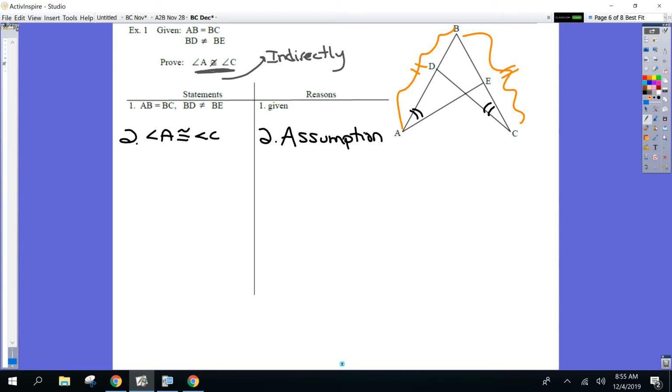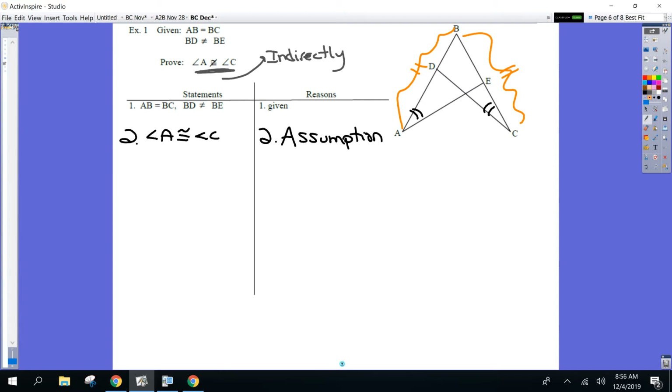Here's what I want you to do. Find a pair of triangles we can prove congruent. Find a pair of triangles that contain A and C as full angles and AB and BC as full sides. You guys have the power to do that. This is nothing new now. Can you find a pair of triangles we can prove congruent? Hopefully we can.